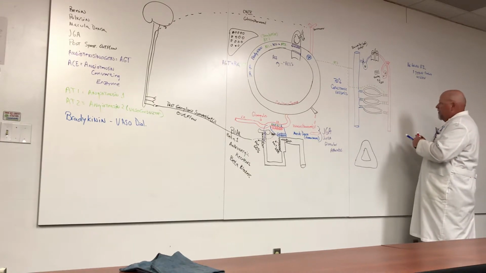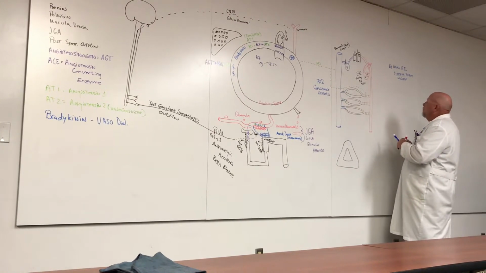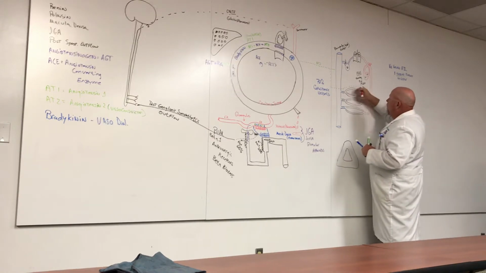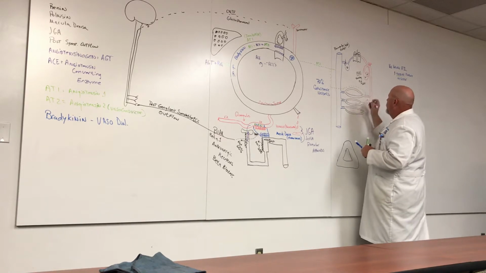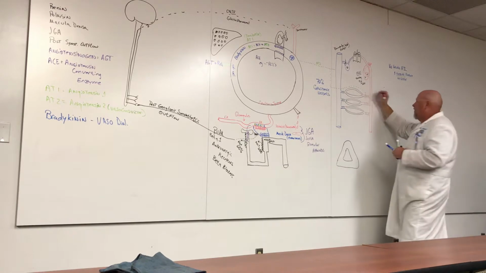So the next one is the angiotensin II will affect the what? What are these things? Capillary. So this is the pre-capillary sphincter.